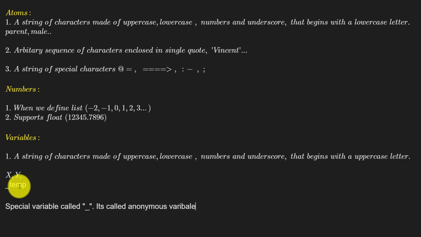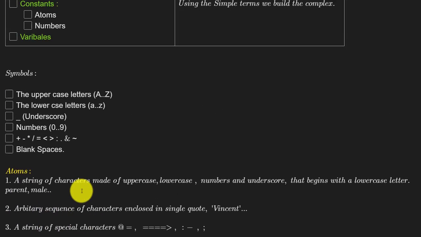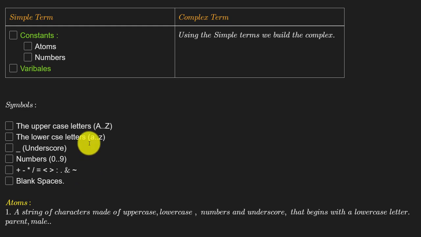Now we just defined atoms, numbers, and variables, which are the main building blocks of a Prolog program, and all of them together are called simple terms as well.